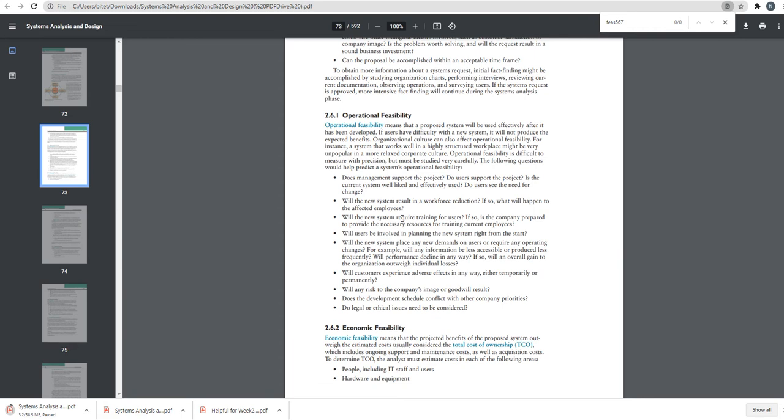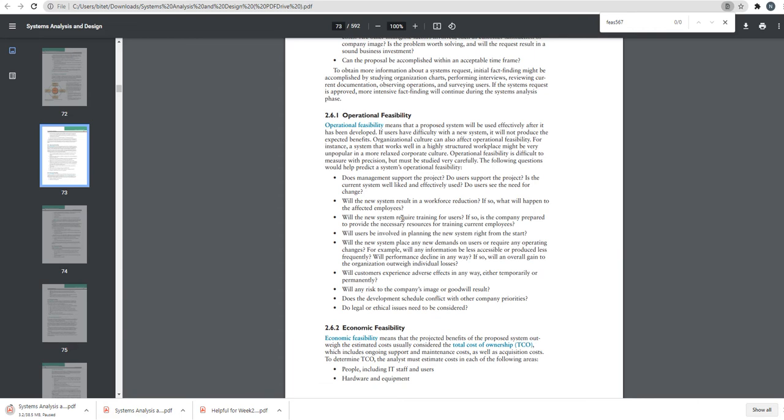That should be evaluated in this feasibility study. If you cross check the questions and address them in a proper way, it clearly helps you to complete the operational feasibility study. Let us cross check some of the questions that are given here.